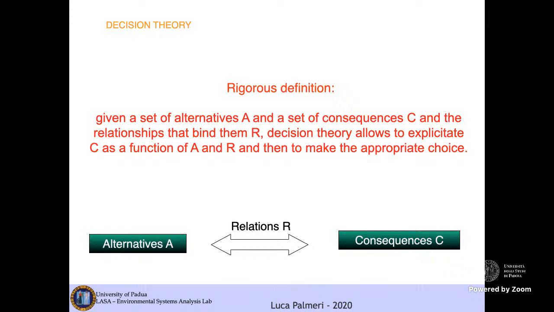We may give a rigorous definition that comes from decision theory of the decision process. We may say that given a set of alternatives, capital A, and a set of consequences, capital C, and the relationships that link alternatives with the consequences, capital R, decision theory allows to explicitate consequences C as a function of alternatives and relationships, and then to make the appropriate choice.